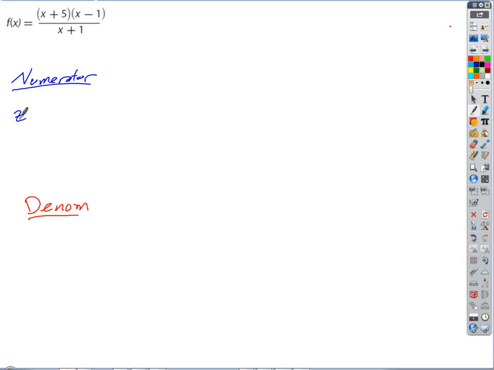The zeros of the numerator are at x equals -5, and where else? So -5 makes the top 0. What else does? 1. Okay. And then the denominator, you already told me that the 0 is at x equals -1.